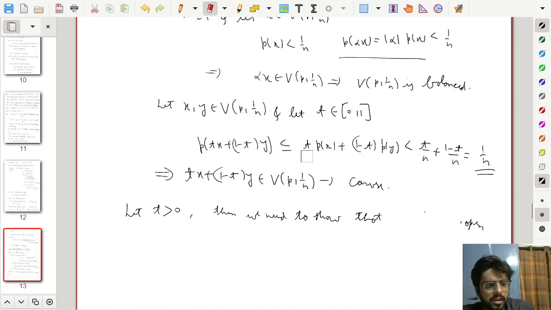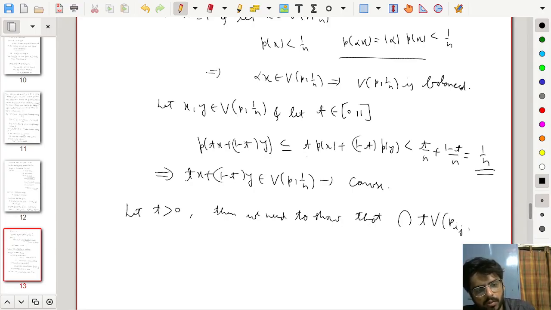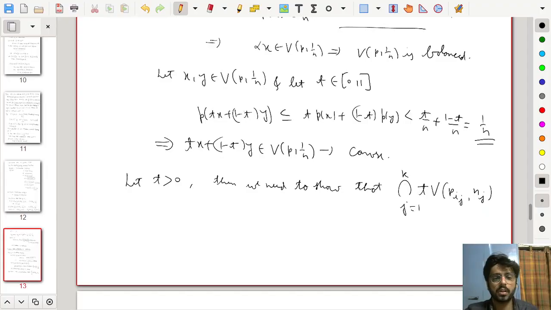We can do it in a more general setting. Let me write it like this: the intersection of t times V_{p_{i_j}, n_j}, j varying from 1 to k. We need to show that this is open. It's not clear from the definition why this is open, right?